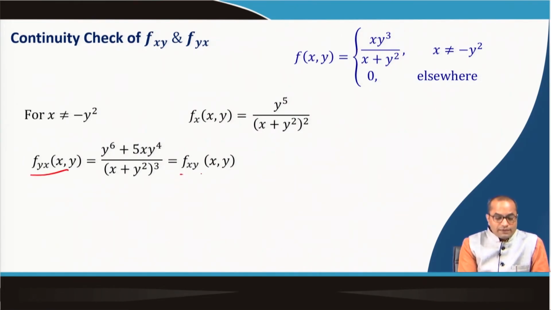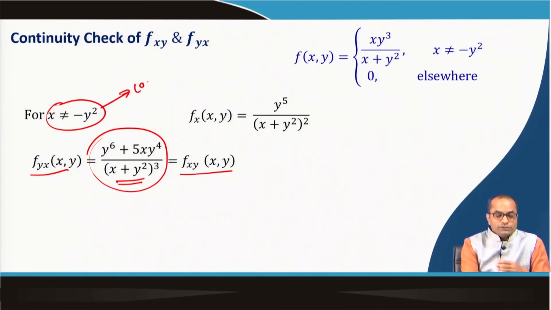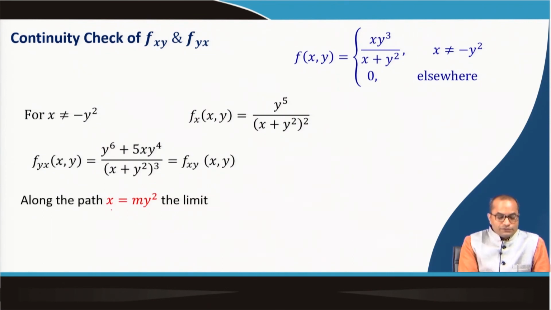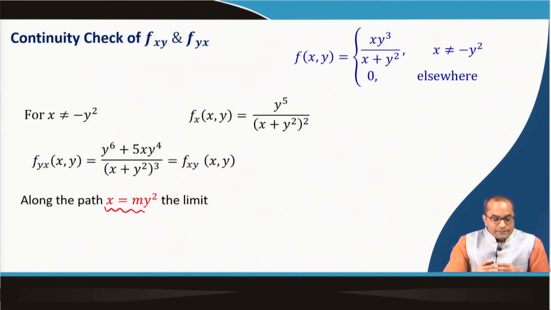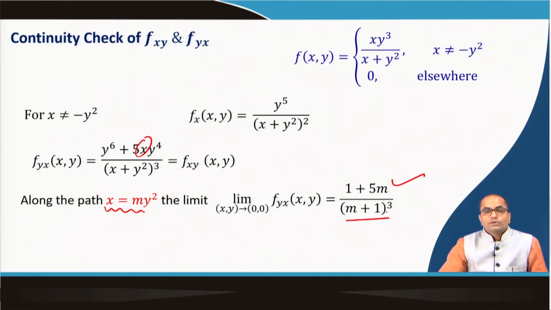So, we have done this evaluation and have the second order derivative for all those points where x is not equal to minus y square, and now we take the limit to 0 comma 0. So, from x not equal to minus y square, we will move to the origin and see what limit we get. To take this limit, if we choose the path x is equal to m y square, that will take us to the origin, and when we substitute this x is equal to m y square, we have 1 plus 5m there and m plus 1 whole cube here.